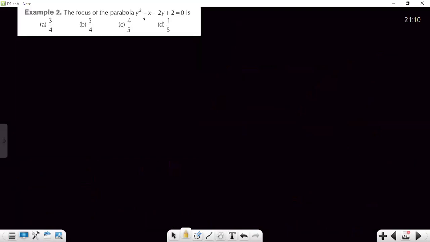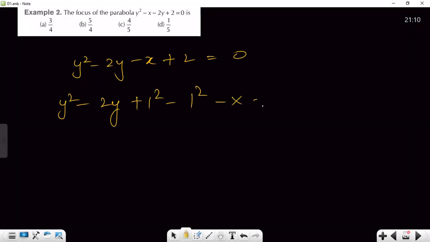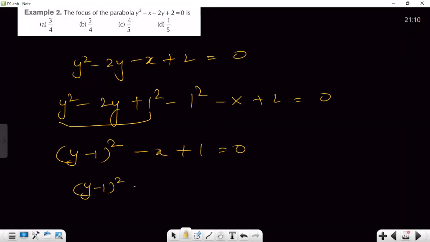Focus. y square minus x minus 2y plus 2 is equal to 0. So y square minus 2y minus x plus 2 is equal to 0. For making it a perfect square, let's take plus 1 square minus 1 square minus x plus 2. This is y minus 1 whole square. What is remaining? Minus x plus 2 minus 1 is equal to 0. y minus 1 whole square is equal to x minus 1.